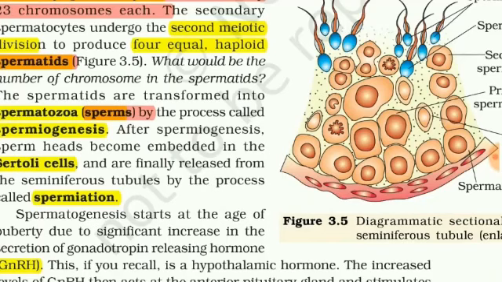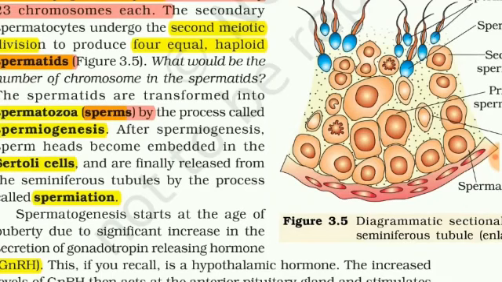Then the primary spermatocytes undergo meiosis division and produce secondary spermatocytes. Here the secondary spermatocytes are haploid, n, containing 23 chromosomes. Then the secondary spermatocytes develop into spermatids. Spermatids get nutrition from the Sertoli cells.